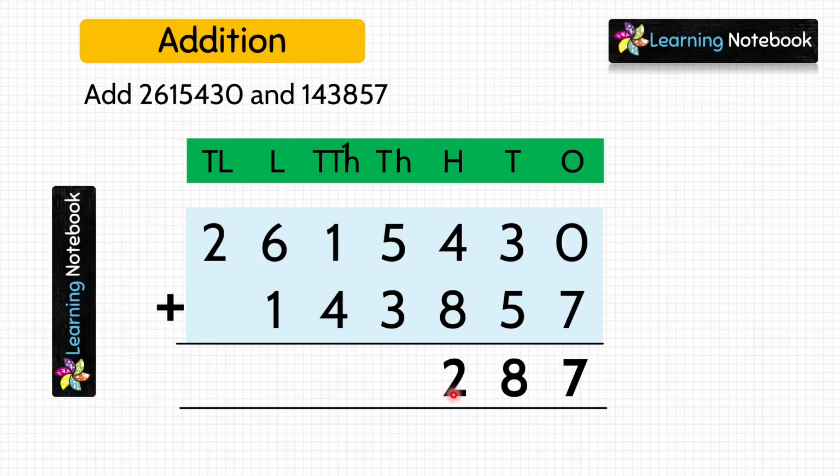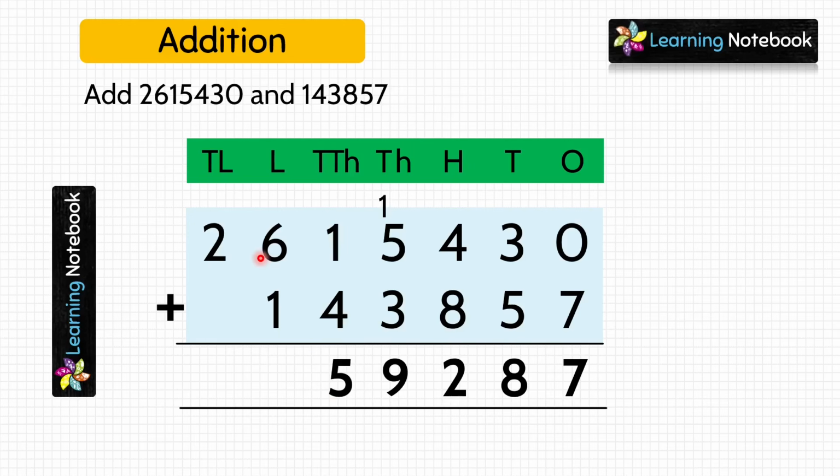Since 12 is a two-digit number, we will carry 1 to the thousands place and write 2 in the answer. Next, add the digits at thousands place. Just make sure to add this carry 1 here. So 1 plus 5 equals 6 and 6 plus 3 equals 9. Next, add the digits at ten thousands place. 1 plus 4 equals 5.